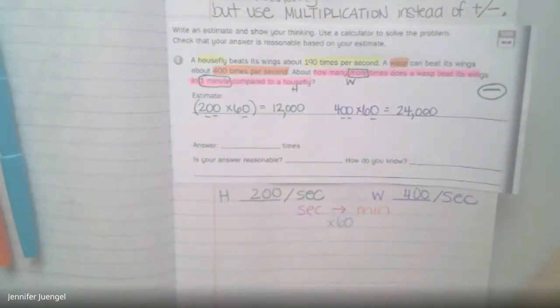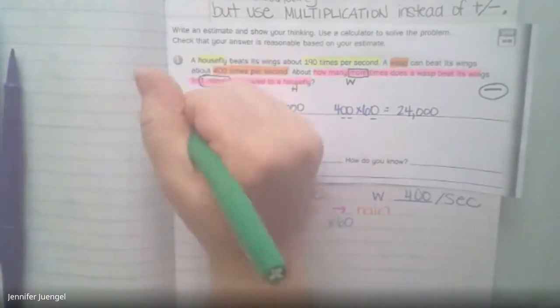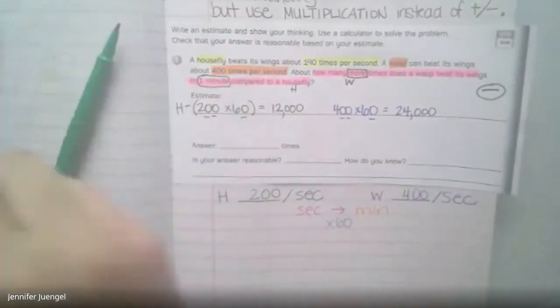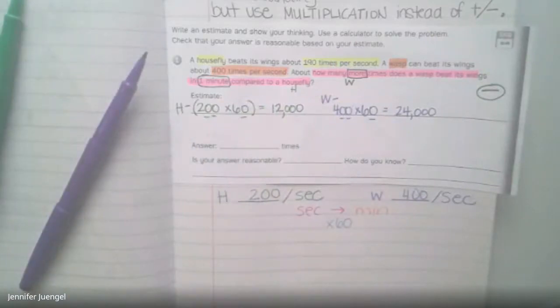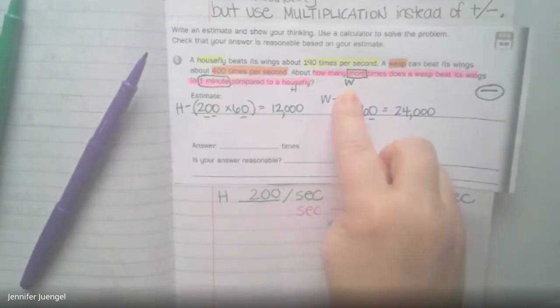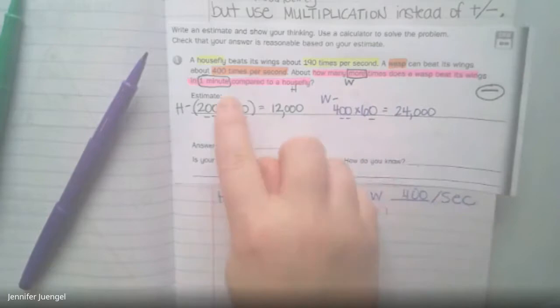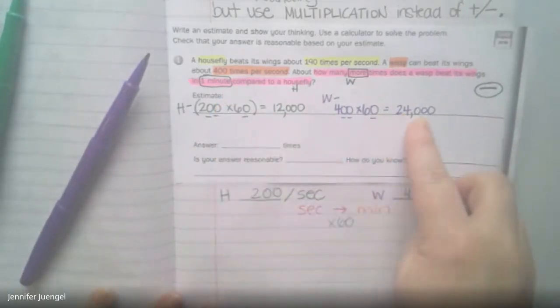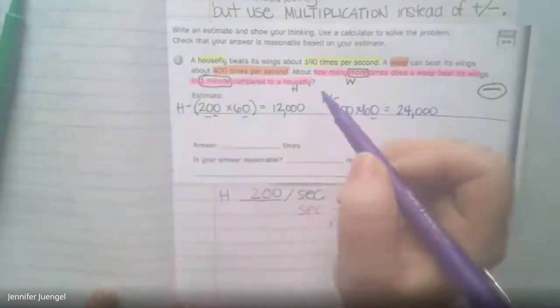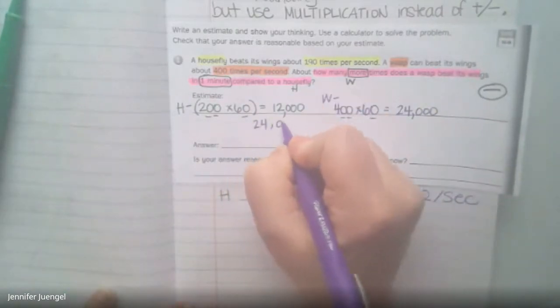Okay. So now I know housefly. And I know wasp. I know how many beats they're going to beat their wings in about 1 minute. But there was more to that problem, remember? I know from my story that the wasp beats its wings more, and the question wants to know how many more beats the wasp makes than the housefly. So I'm going to look for the number representing the wasp, 24,000.